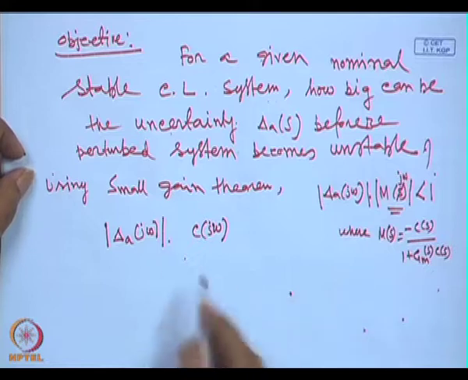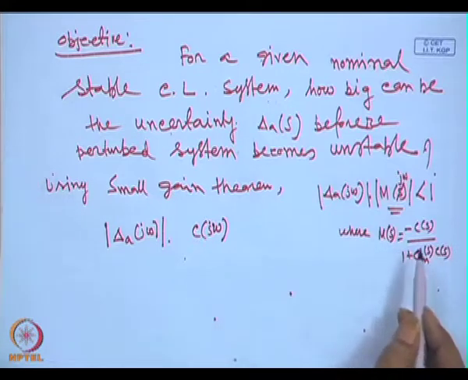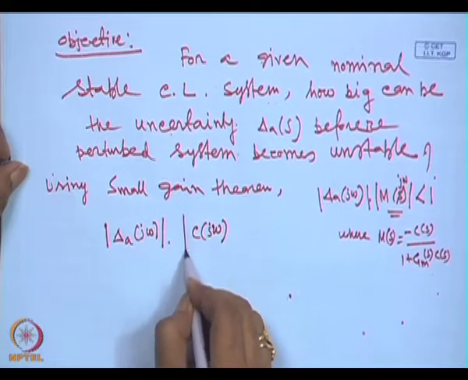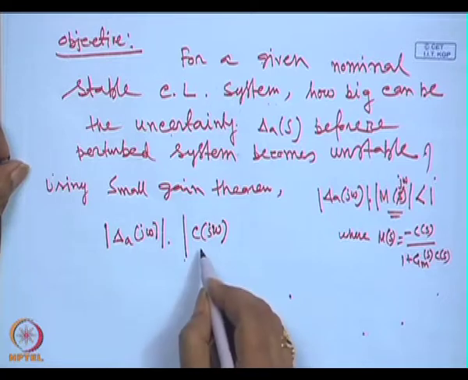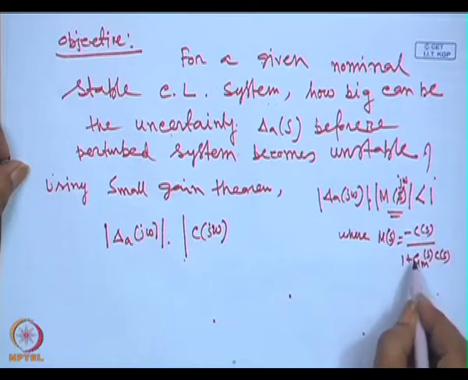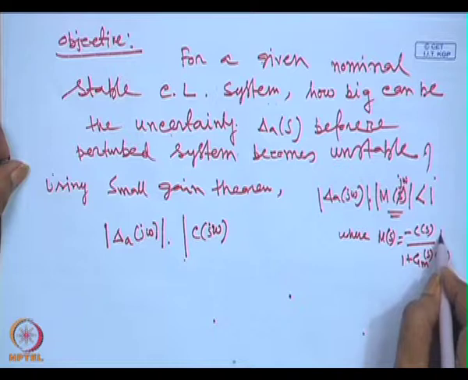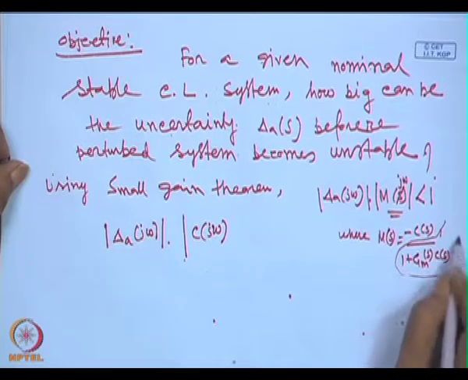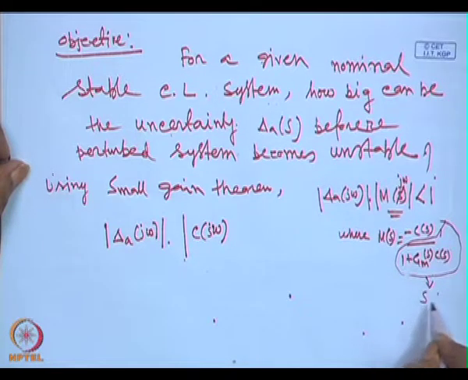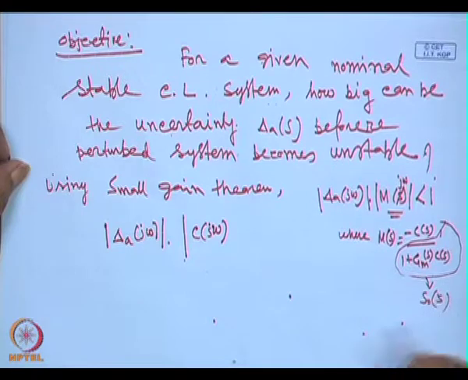So, if you take the absolute value of that one, that will be 1 by this quantity. That means this quantity is our sensitivity function S0(s).